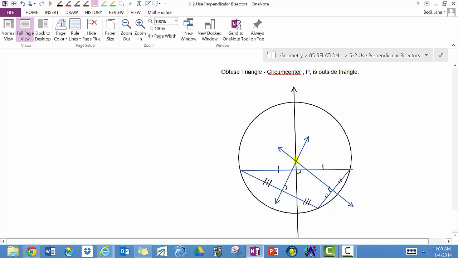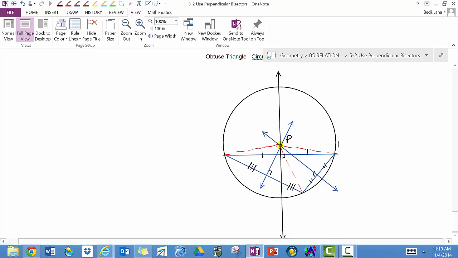So the actual radius will be, and I'm going to use the color red here, the three dashed red segments going from that point, which are the radius of this circle. The point P is outside the triangle.